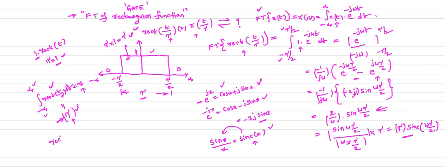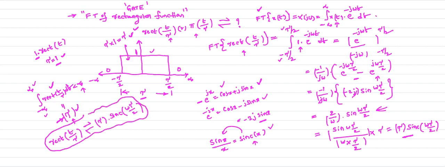So this is rect of t by tau. The Fourier transform of the rectangular function is tau times sinc of omega tau by 2. This is very important.